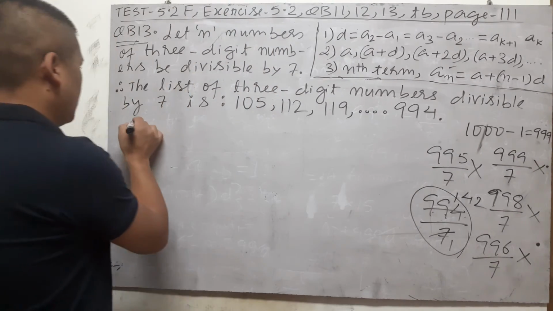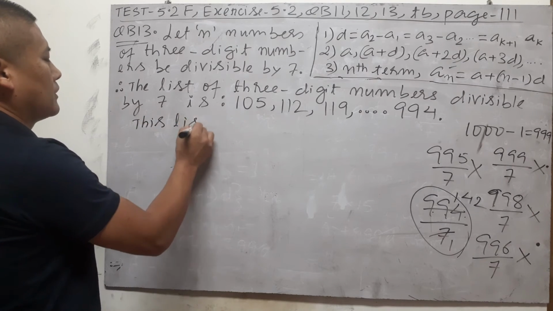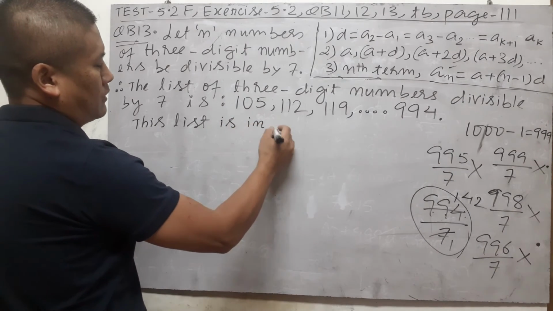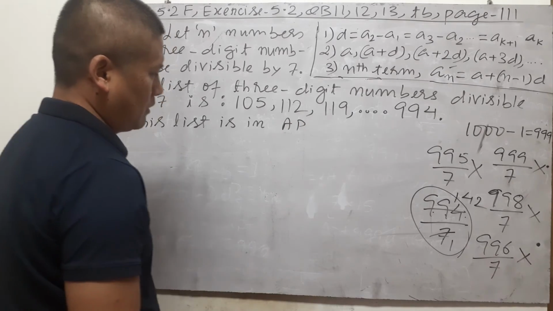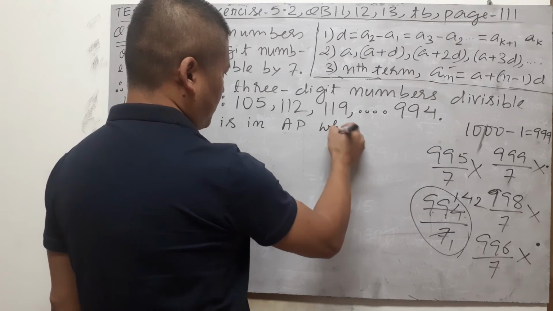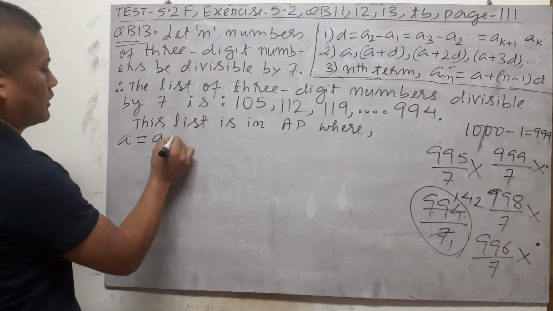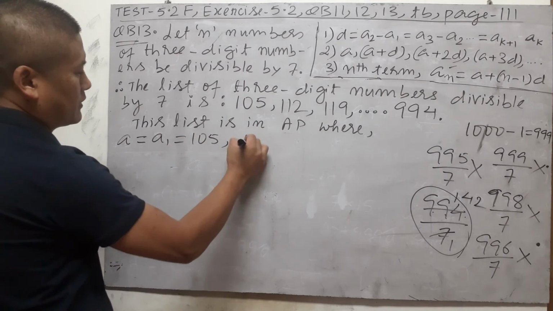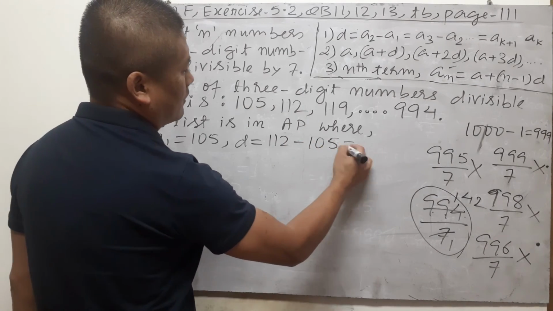So this list here is in AP, where the first term A, or A1, we can put 105, and the common difference D will be A2 minus A1, equal to 7.